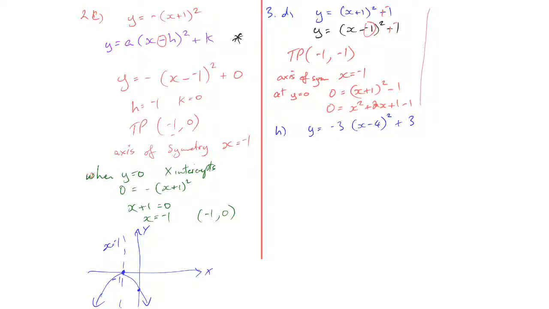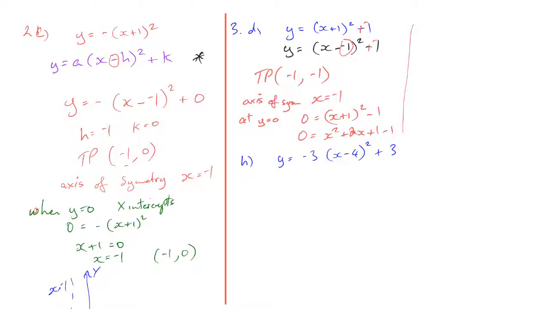Sorry about cramming it in. I'll take this up the top here. Remember, plus 1 minus 1 cancels, so 0 equals x squared plus 2x. Look for a common factor, x outside of (x plus 2). Therefore, x equals 0 and x plus 2 equals 0, so x equals negative 2. So my two x-intercepts are 0, 0 and negative 2, 0.